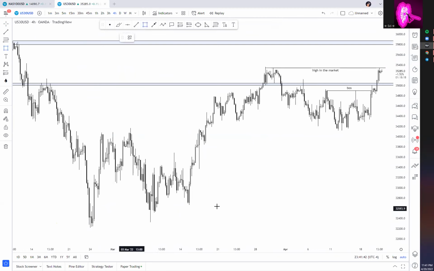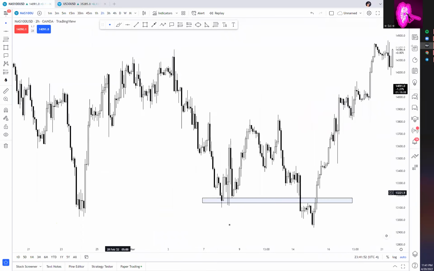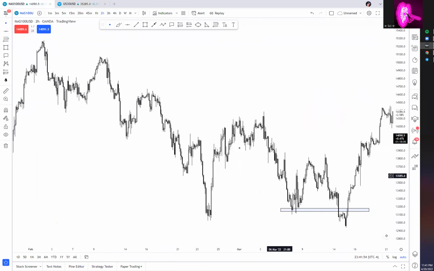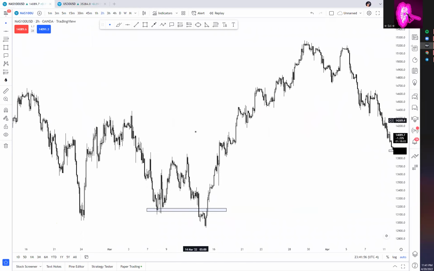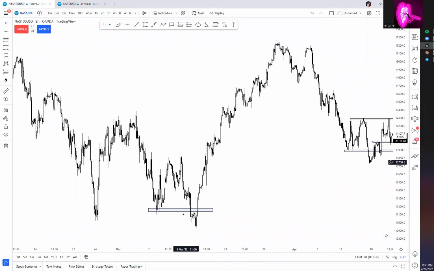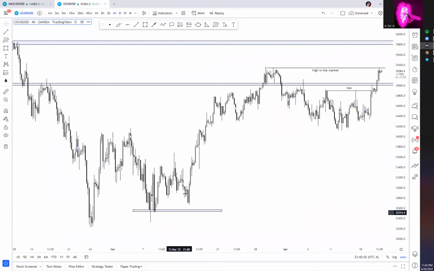Same support. Price didn't break this support like it did on NAS. It went up to the upside. Same area. Zoomed it out so you can see. Price broke this support and then eventually came back up a couple days later. Same thing. So that's why I think that.